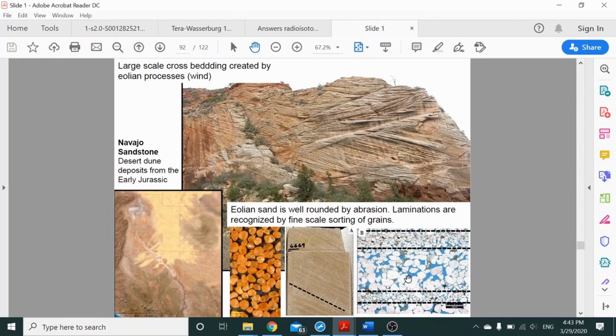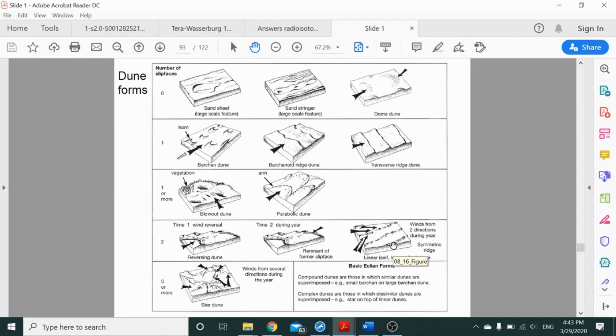And another piece of evidence is that even though the overall grain size sorting is not very good, the microstructures within the rock have laminations, and in each lamination, the grain size sorting is very good. And in deserts, the dunes have different morphologies.